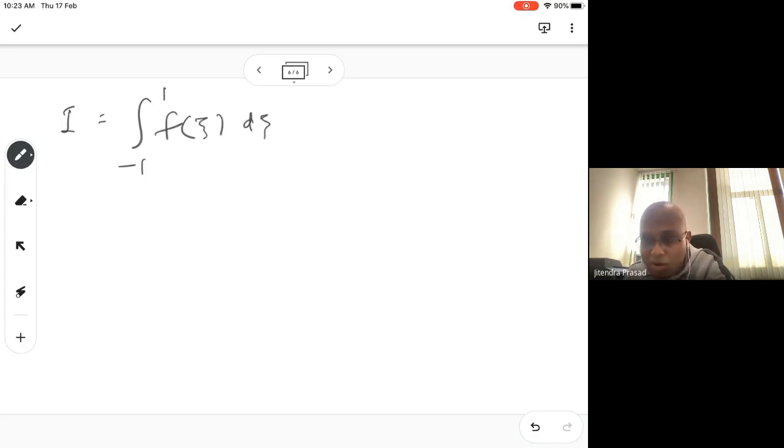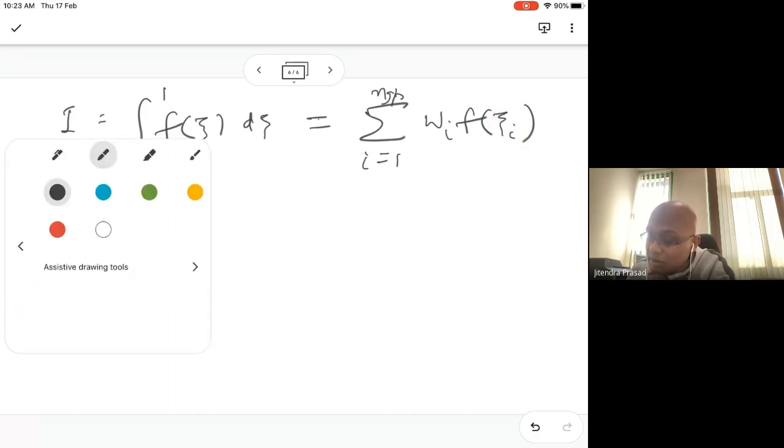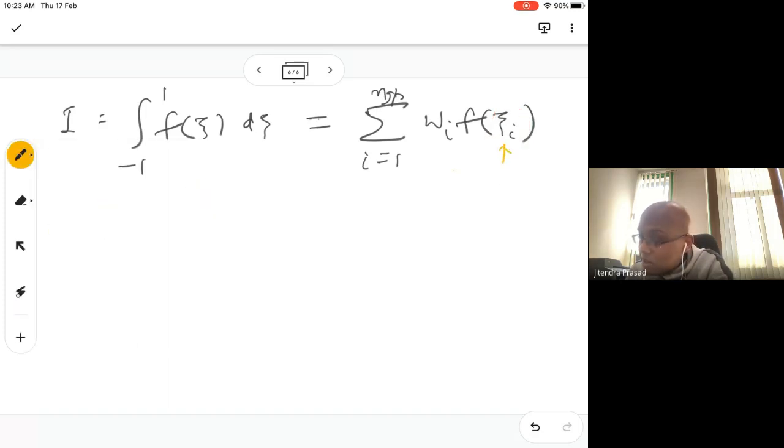This is what we call I, and what we want, as I have written, is the sum for i equal to 1 to the number of Gauss points or integration points, of wi multiplied by f(xi i). Xi i are the integration points.